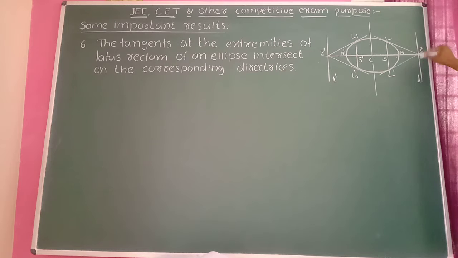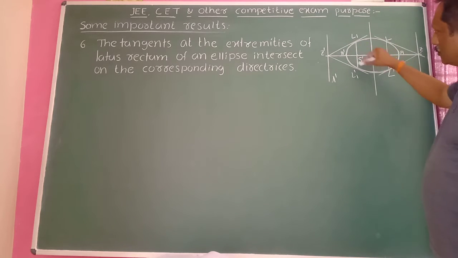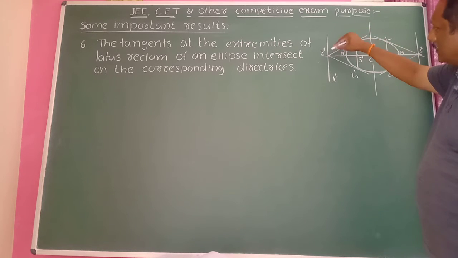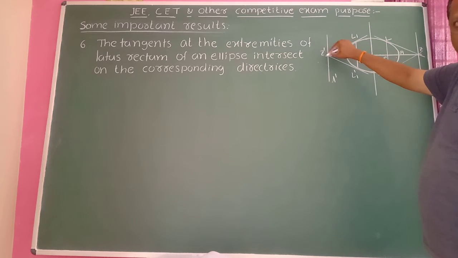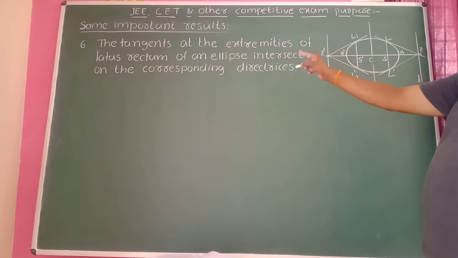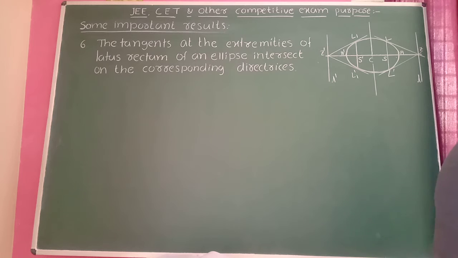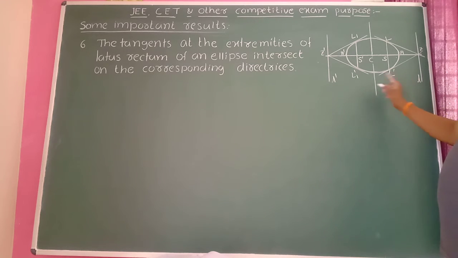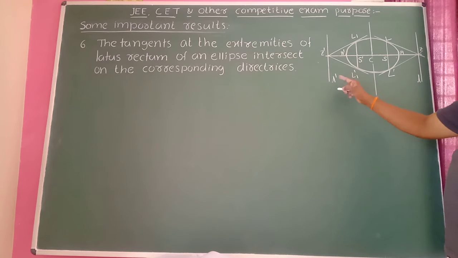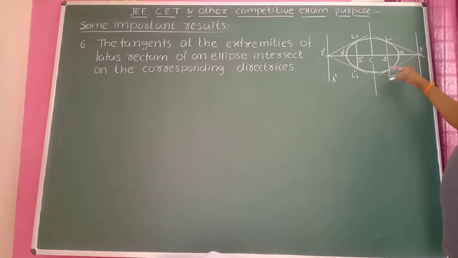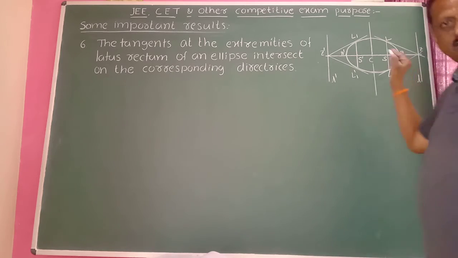Similarly, these are the two tangents at the extremities of the other latus rectum, and both tangents meet on the directrix. Therefore, tangents at the extremities of the latus rectum of an ellipse intersect on the corresponding directrices.